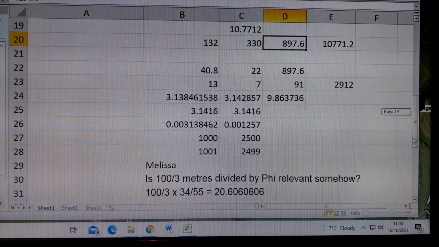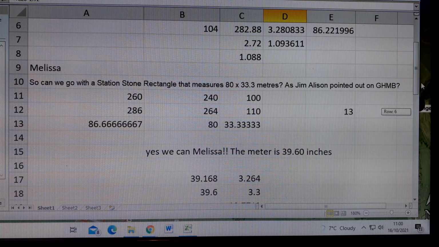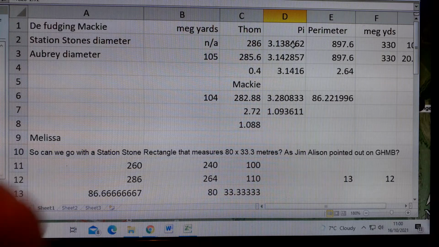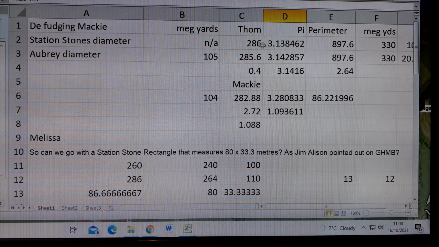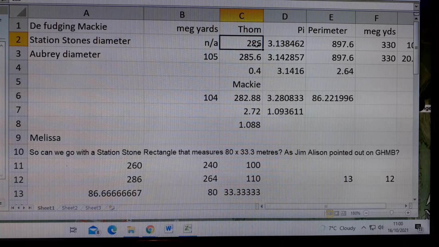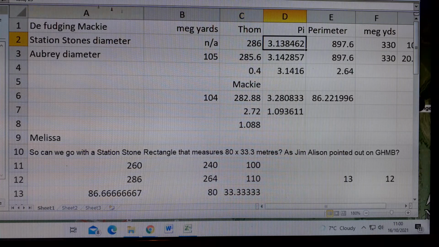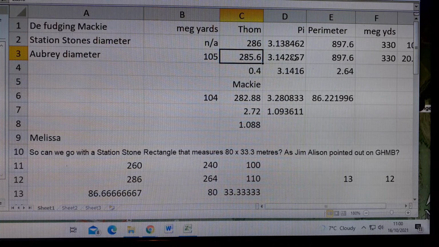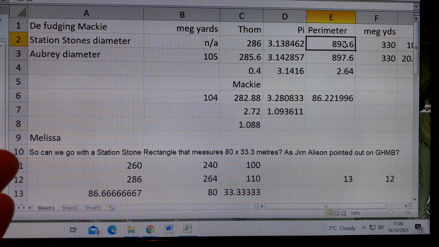It's very, very complicated. I've covered this in my presentations, but there are 2 versions of pi being used. When we've got 286 as the station's stone diameter, we've got pi as 40.8 divided by 13, giving 897.6. And when we've got 105 megalithic yards, giving 285.6, we use 22/7 for the same result.